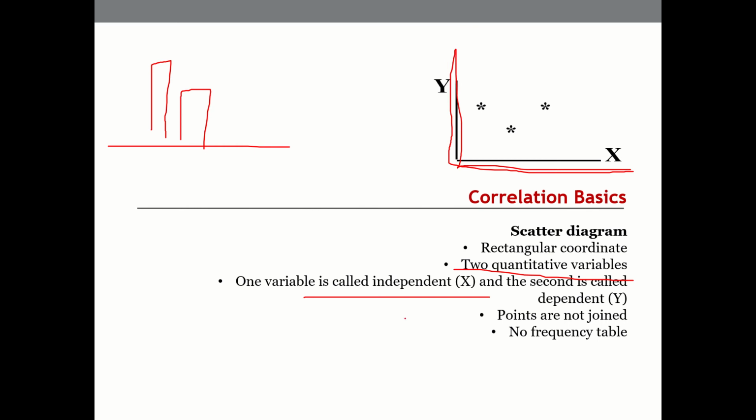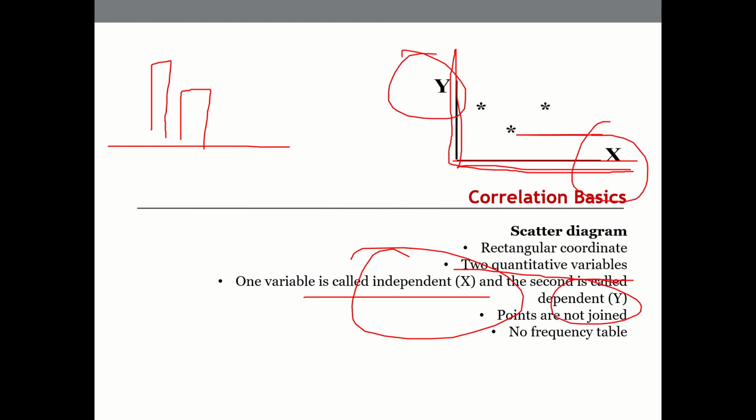One is called independent. All x are called independent, and y is called dependent. What is this independent and dependent variable? The result of y is dependent on how x behaves.